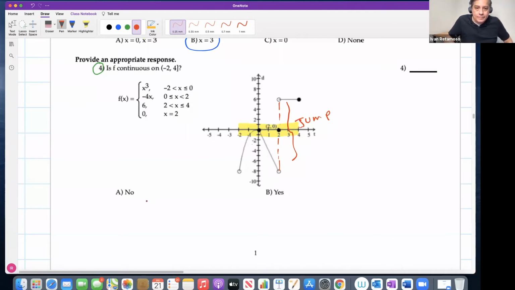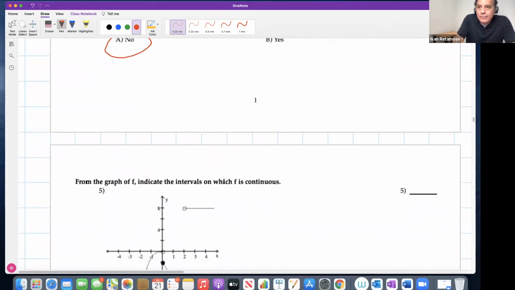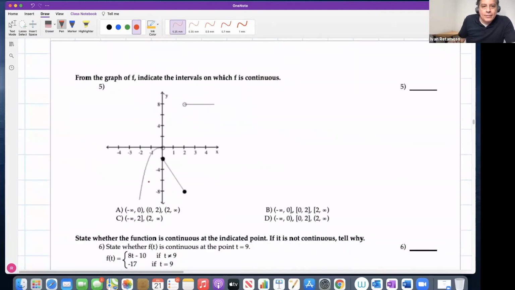Very good, guys. Now, question number 5. Another question here. Now they are asking you to figure out over which intervals the function is continuous. Can you figure this out? Try this.